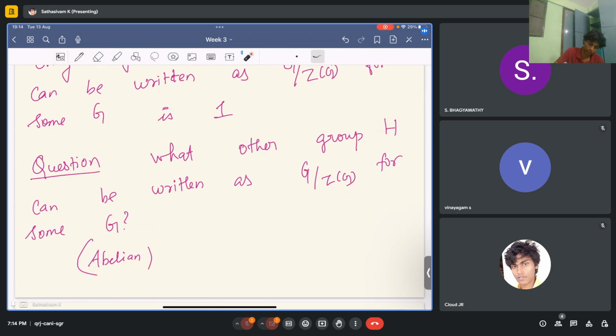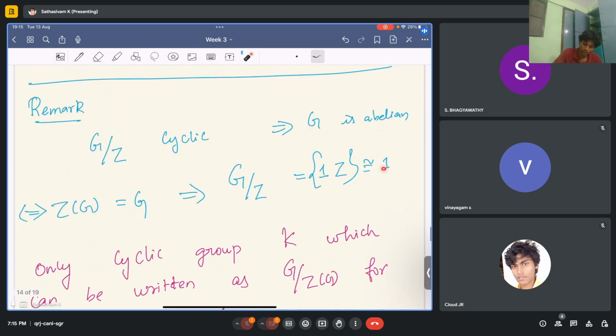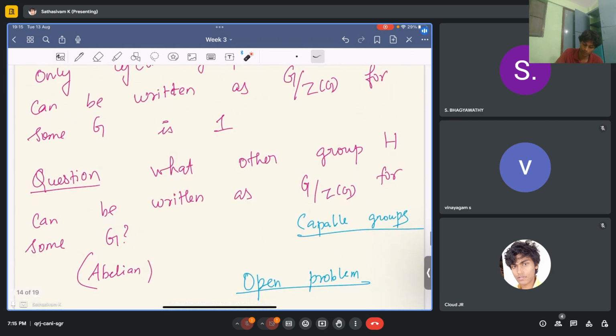Any group H which you can write like this, these groups are called capable groups. And in fact, it's an open problem. The open problem is what groups you can write as G by Z for some other G. So this statement tells you that other than the trivial group, no other cyclic group can be written as G by Z. So the question is, cyclic groups are done, and in fact abelian groups are also known.